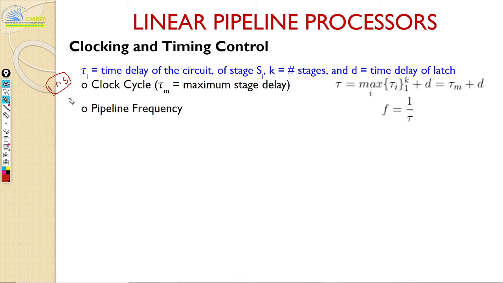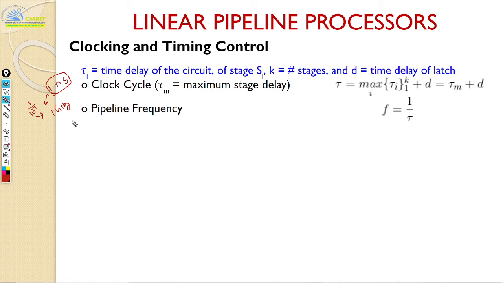Which means my pipeline frequency is going to be 1 gigahertz. How did I get this? 1 divided by 1 nanosecond, right? 1 nanosecond is nothing but 10 power minus 9. So 1 divided by 10 power minus 9, I will get 1 gigahertz. And that is my pipeline frequency.